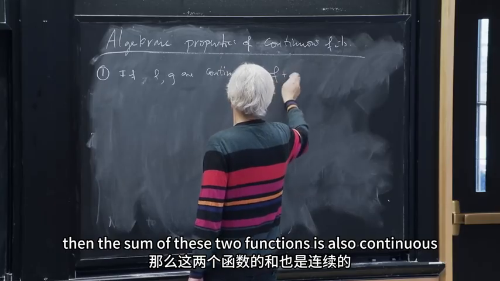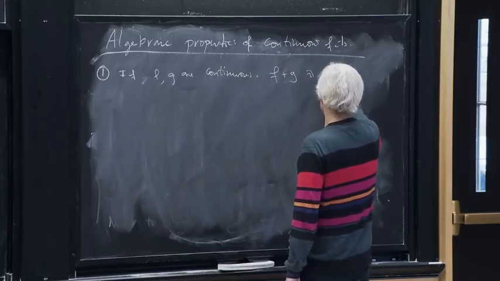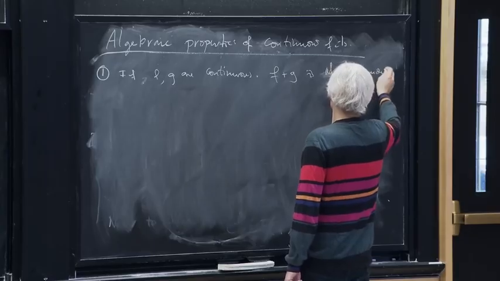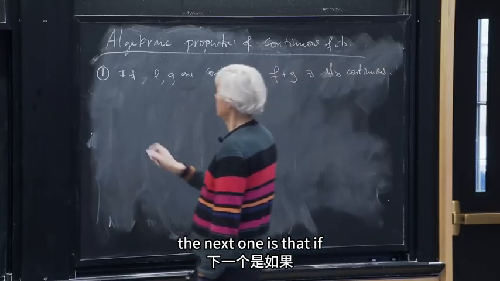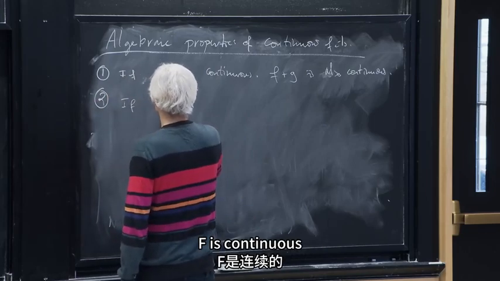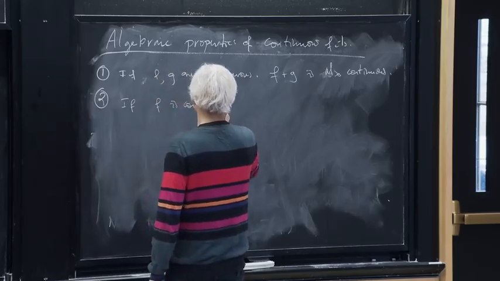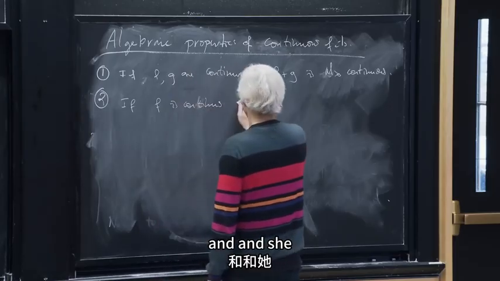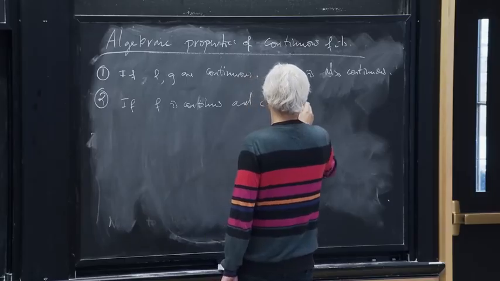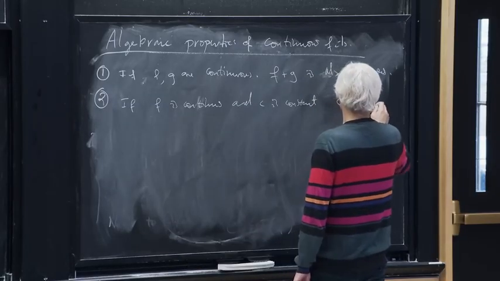then the sum of these two functions is also continuous. The next one is that if f is continuous, and c is a constant, then c times f is continuous.